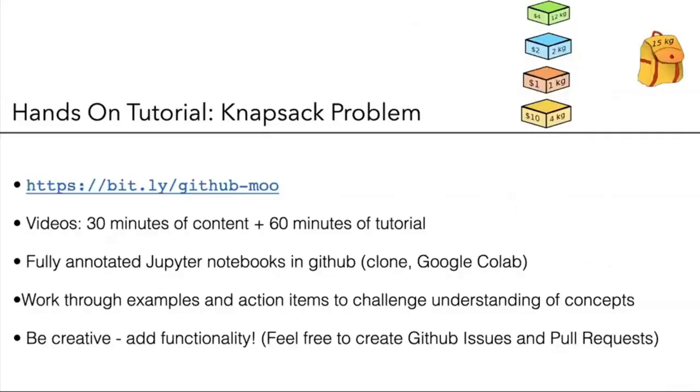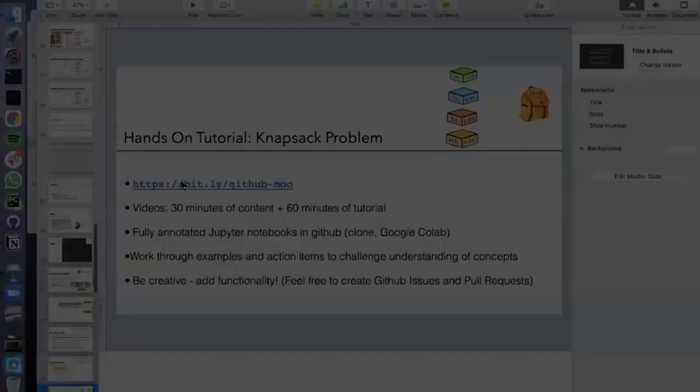That's it. I just want to mention that if anybody's interested in learning more about this, I have a hands-on tutorial that I posted on GitHub. It comes with 30 minutes of basically similar content to what I presented here, as well as 1 hour in which I go through the tutorials. I have Jupyter notebooks which you can clone or use in Colab.